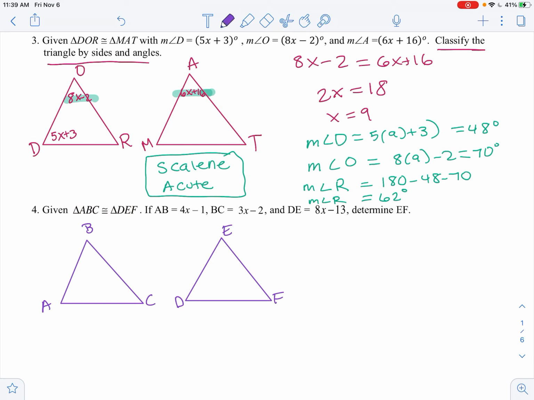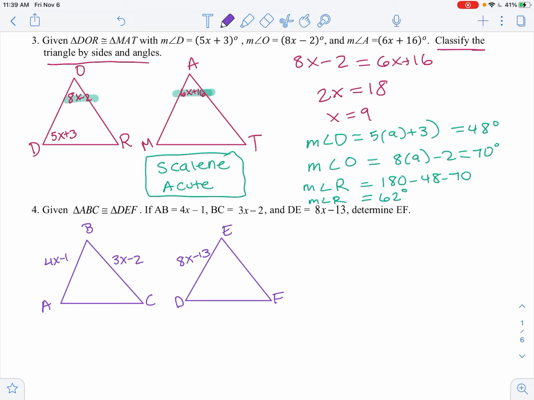Now, it tells me that the side length AB is 4x minus 1, and the side length BC is 3x minus 2, and the side length DE is 8x minus 13.